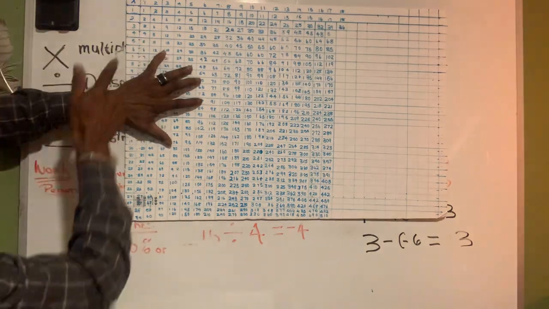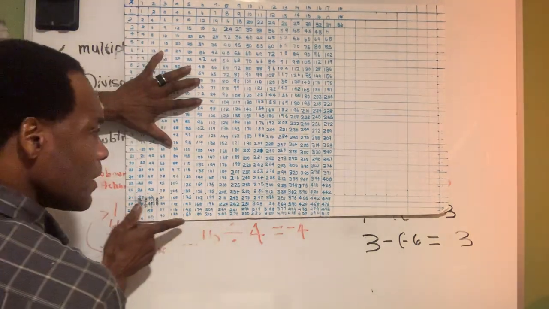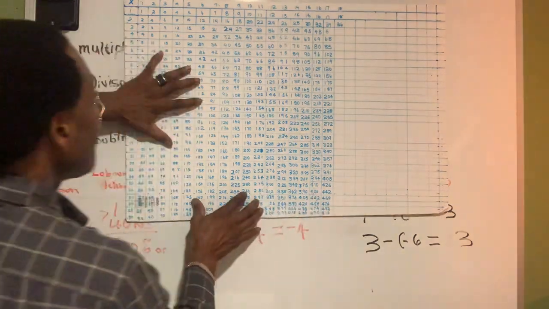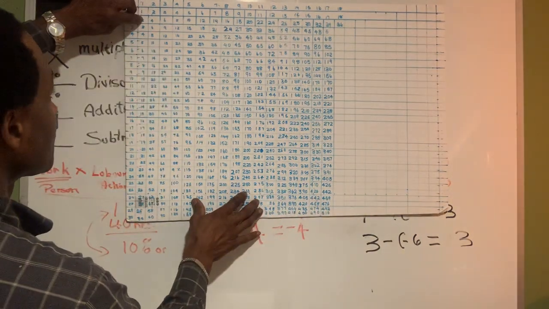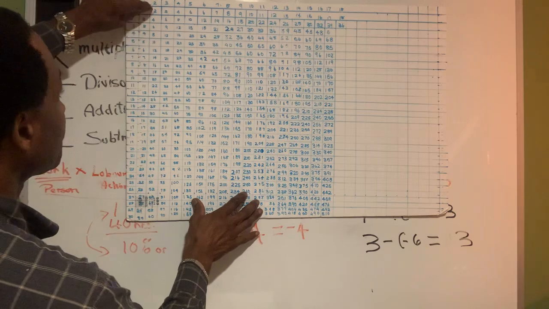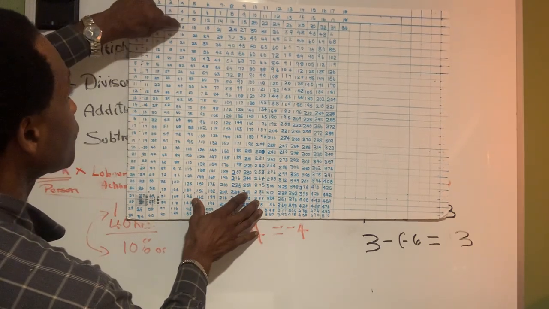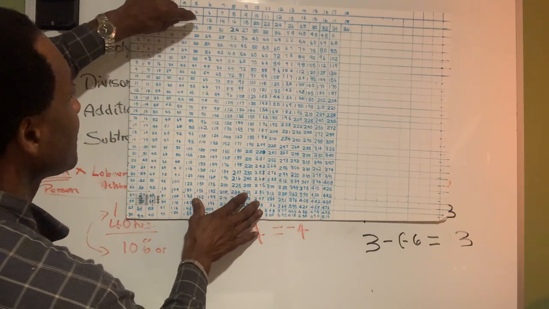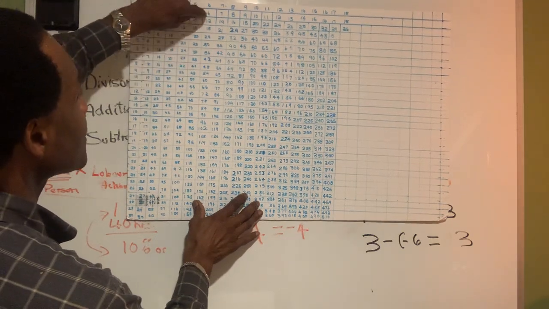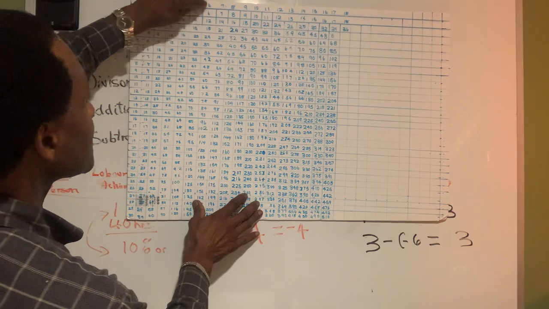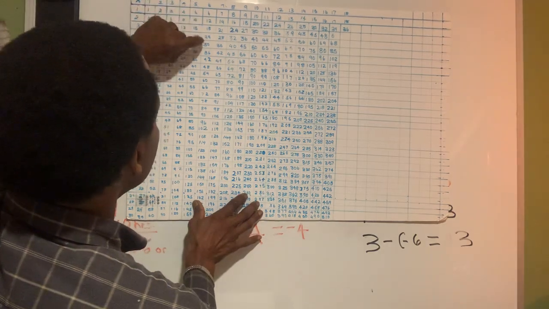And then that's vertical. And then you can do the same thing horizontally from 1 to 30. But then you start to count from 2, 3, 4, and then 2, 4, 6, 8, 3, 6, 9, 12, 4, 8, 12, 16, 5, 10, 15, 20, 25, 6, 12, 18, 24, 30.